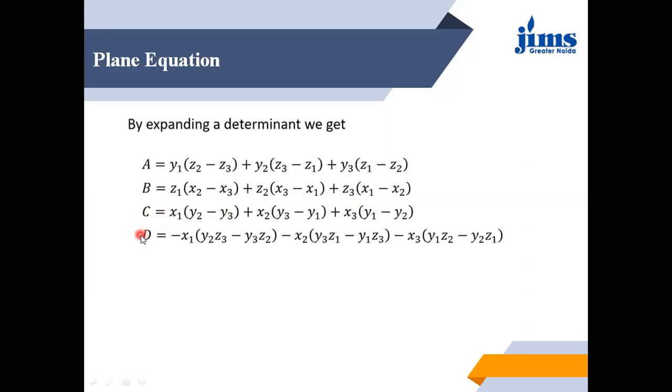But in case of D, again you can see that first of all this is minus, this is also minus, and this is also minus, as we discussed in the case of determinant for D. And over here, this is x1 multiplied by (y2 z3 minus y3 z2), whole bracket multiplied by x1.